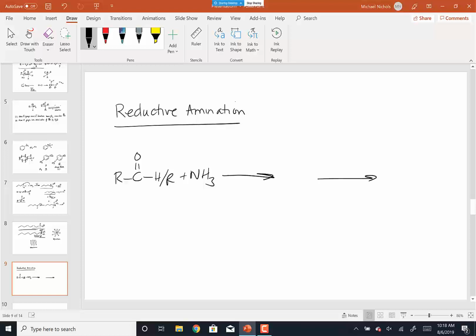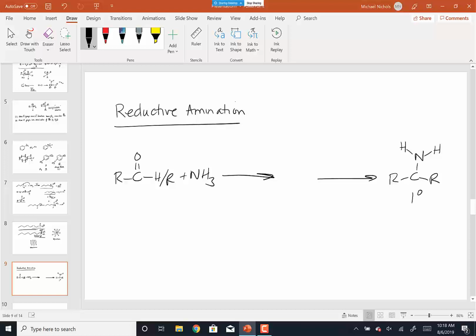Then I want to react that compound that I get with something else to make a primary amine.